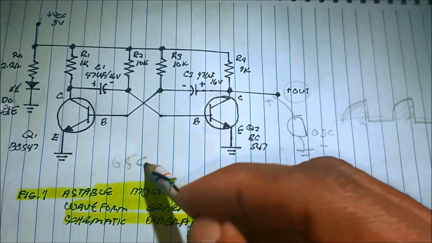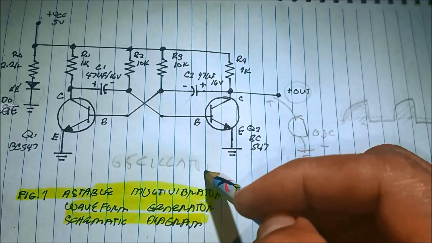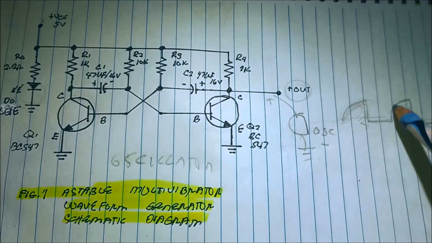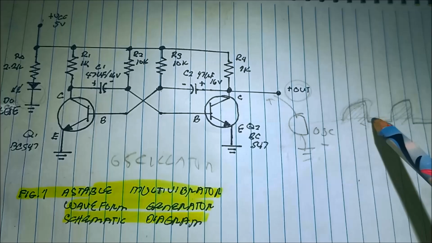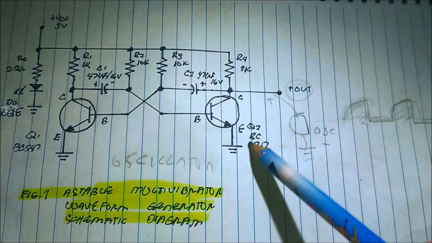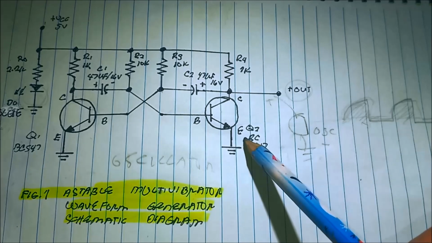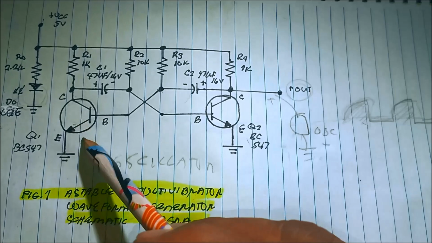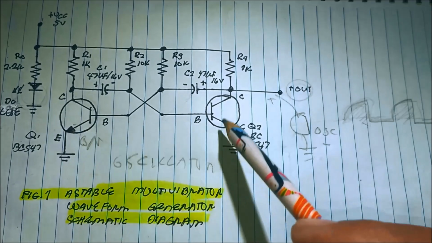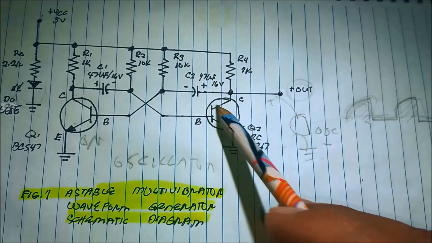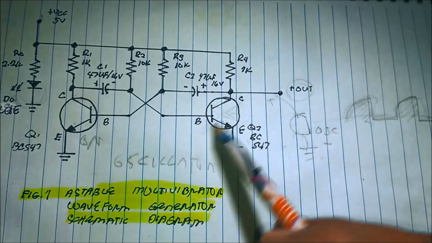This is an oscillator, capable of turning the circuit on and off, on, off, on, off. So this is an oscillator, and it behaves like this. When this transistor is on, this one is off. When a transistor is off, it looks like we don't have this transistor in the circuit.